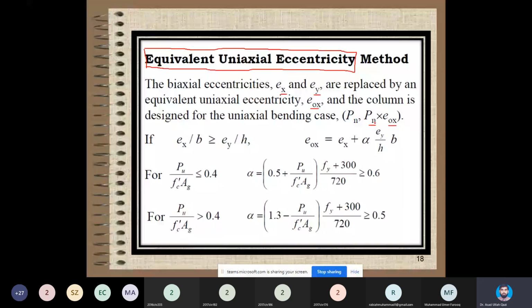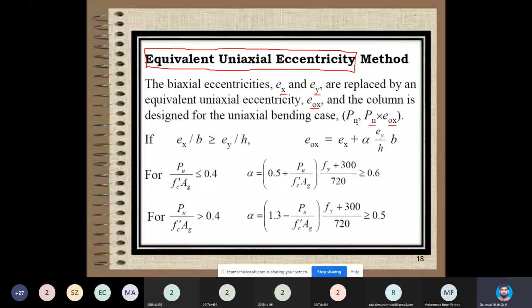Rather than nominal, for design you obviously will be using ultimate. So Pu and Pu into E naught x will give you the ultimate demand as per USD, ultimate strength design. We will be considering ultimate axial load and ultimate uniaxial moment either about the x-axis or about the y-axis.